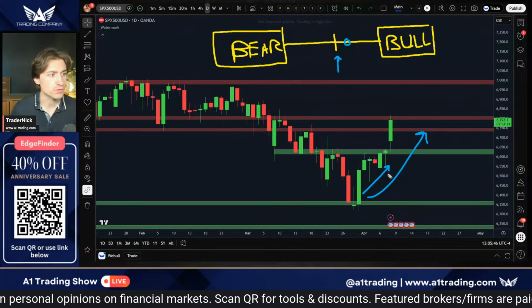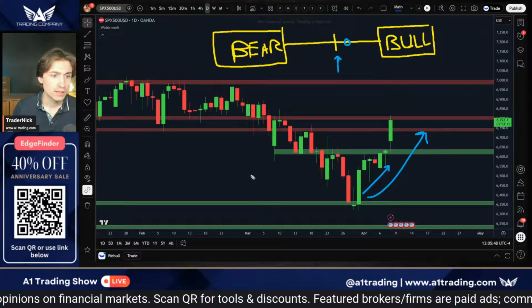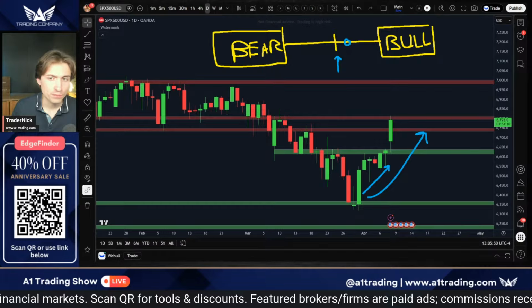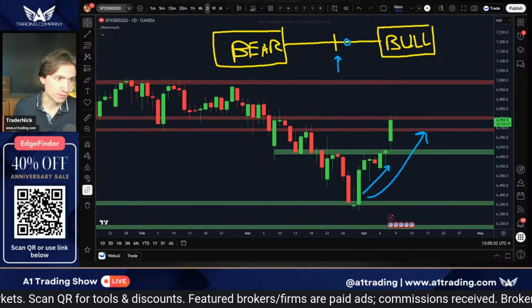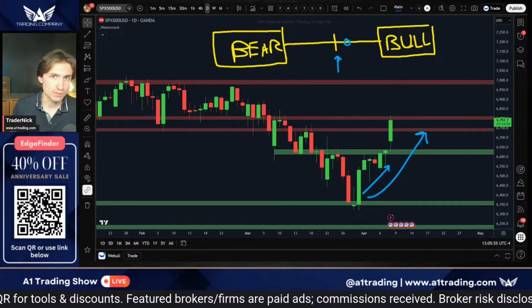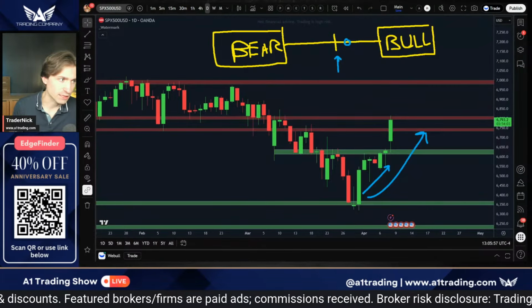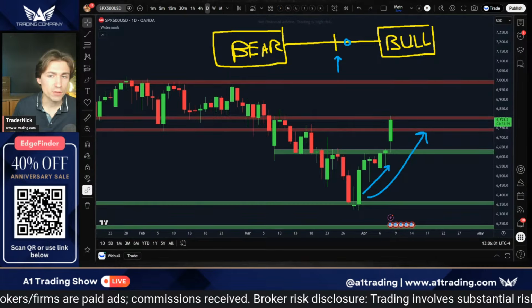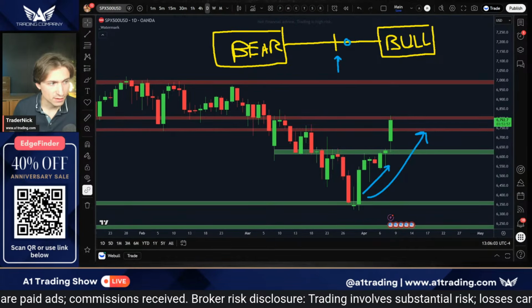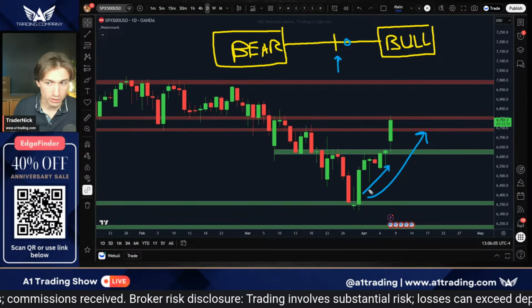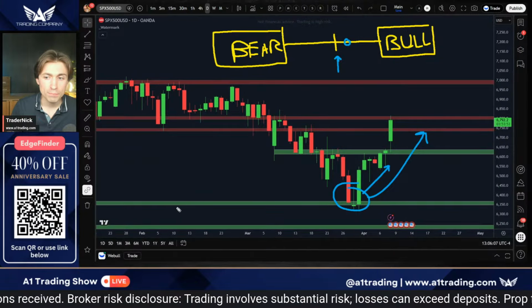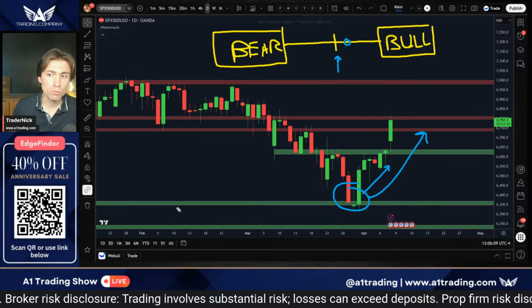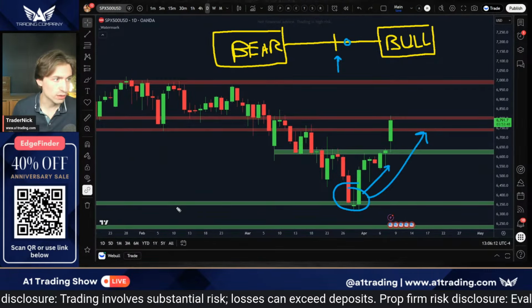While fundamentals are the driving factor behind why markets are moving, price action can also tell you something very important about sentiment, right? Sentiment and price action often go hand in hand. But understanding that this market was very pessimistic at these lows, and we talked about it, gave way to potential upside moves.